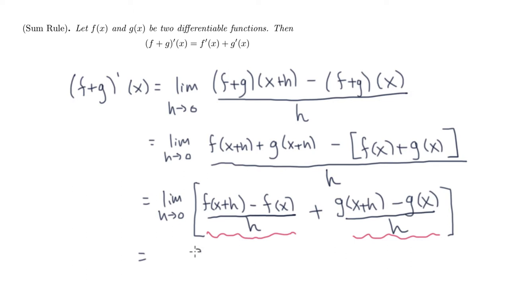So this really is f prime of x plus g prime of x. Nothing crazy going on here, just a little bit of reorganization to see that yes, if I add two functions and then take the derivative, that's the same as taking the derivative of each function and adding those derivatives together.